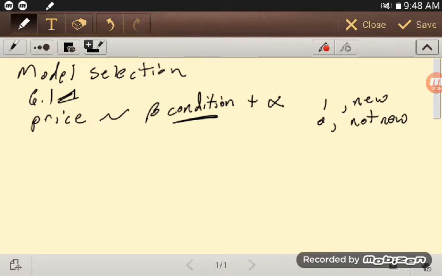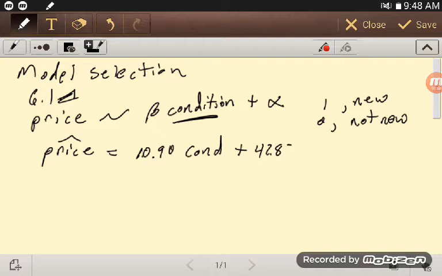They run through that and they get the prediction that the estimated price is going to be equal to 10.9 US dollars times that condition plus 42.87.